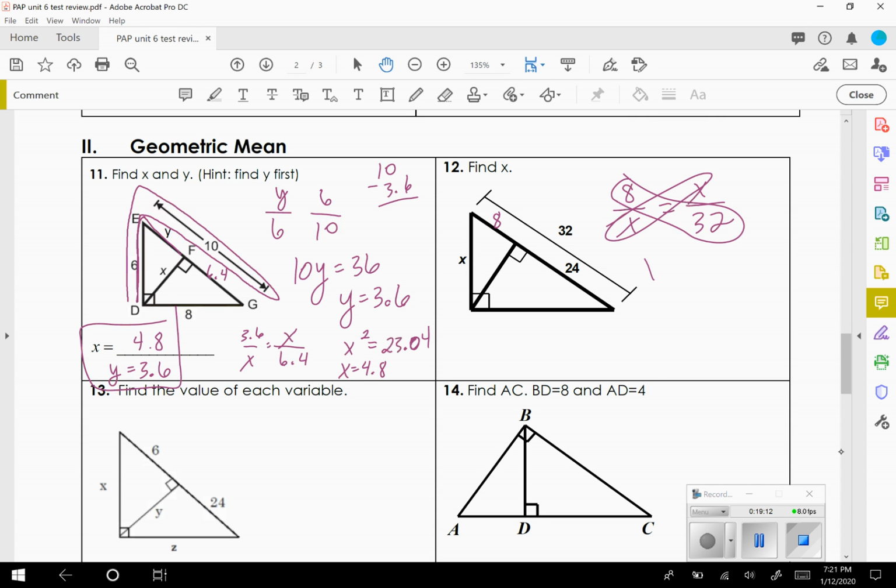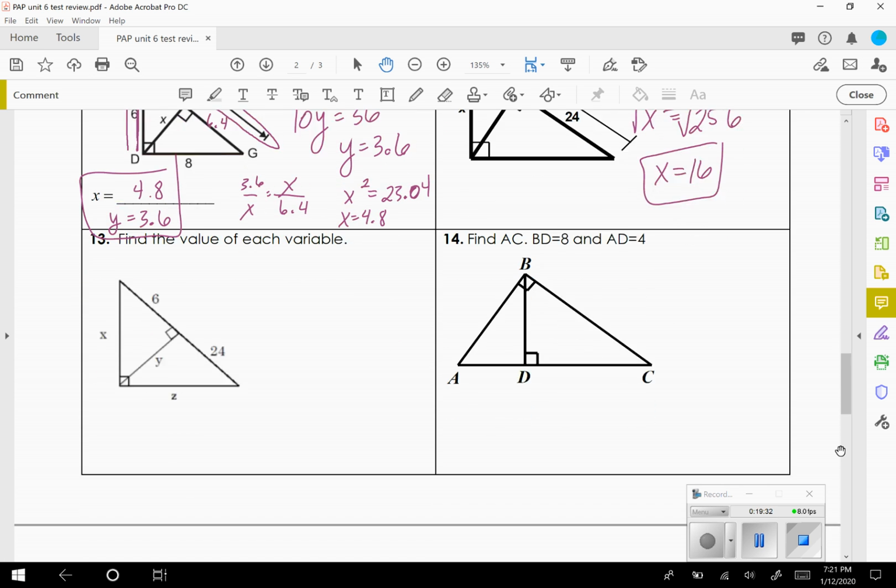So you have x squared equals 256. Take the square root. And so you get x is 16. Because 256 is a nice, good square root.